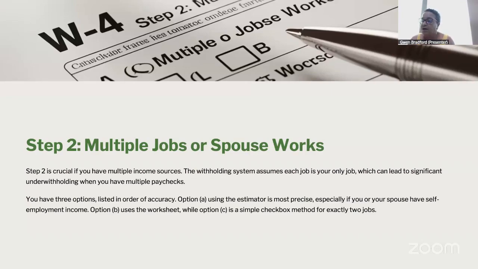If you choose to answer this step, it's best to determine who has the highest salary out of you and your spouse, because there are different ways you can determine how much more you need to pay in federal withholding tax throughout the year, rather than wait until the end of the year and then owe Uncle Sam a lot of money.